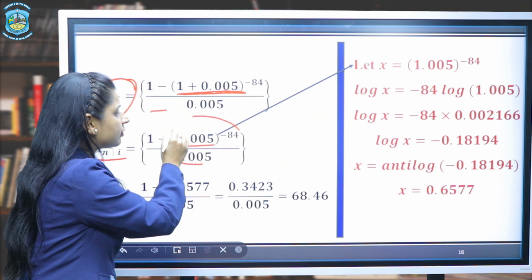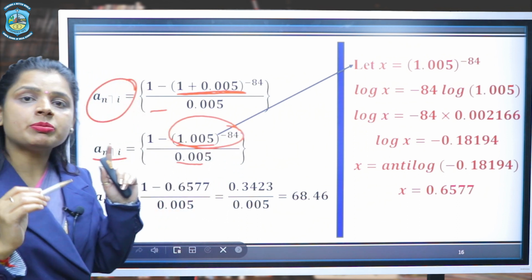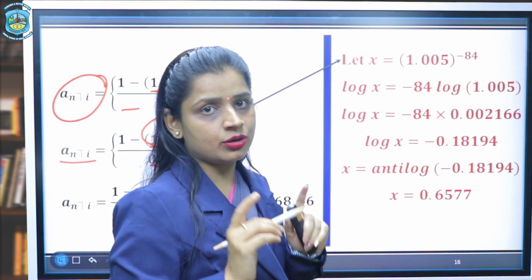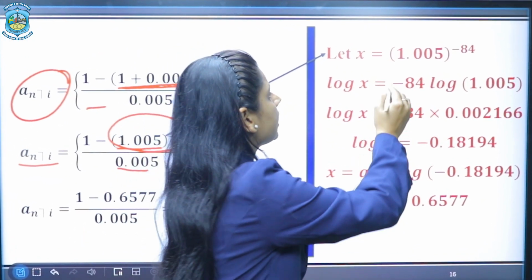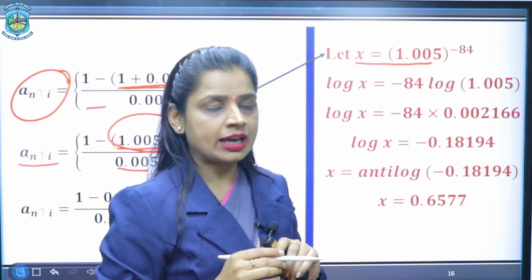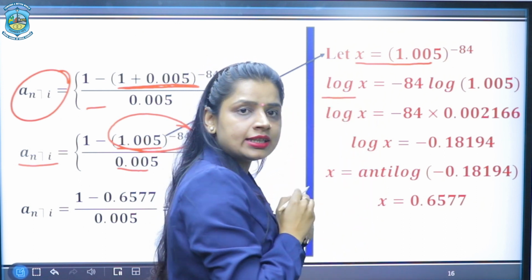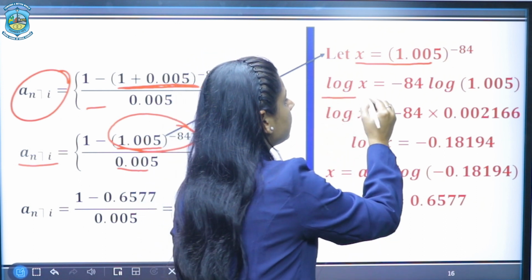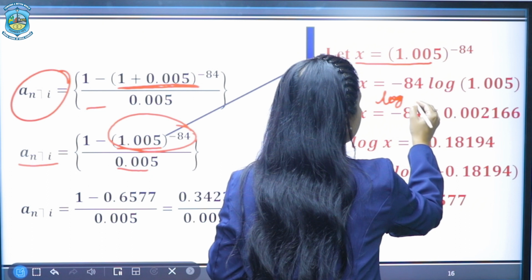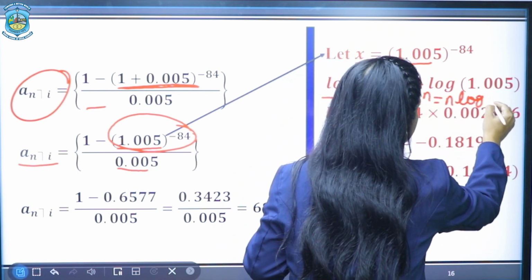Now we have to find this term. To find it, we may use the technique of logarithm. We take the value of x as 1.005, then we take log on both sides, then we apply the formula log of m to the power n equal to n log m.